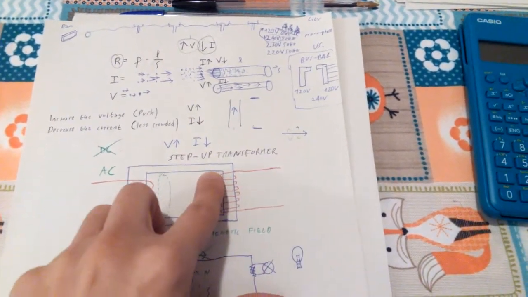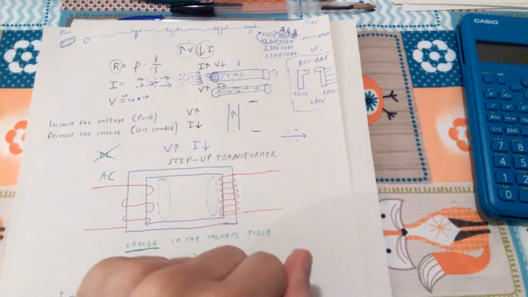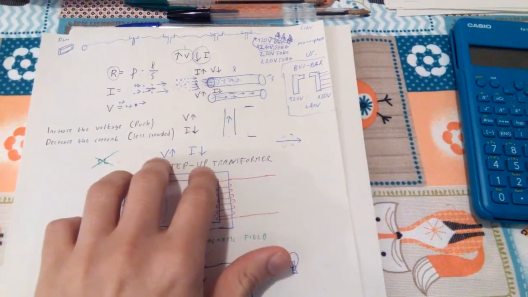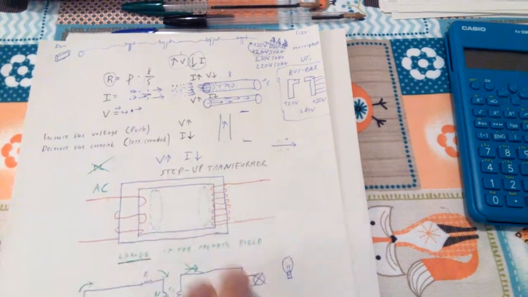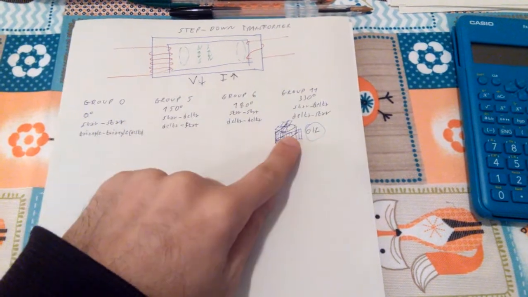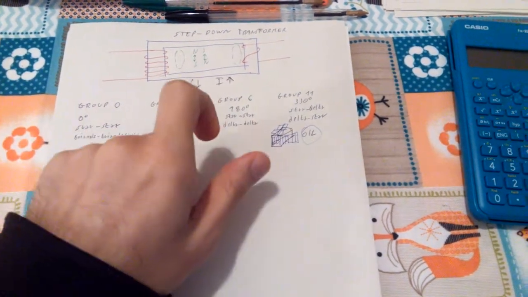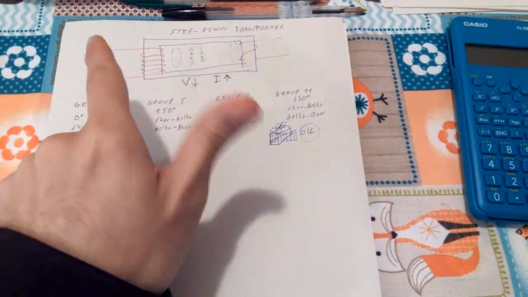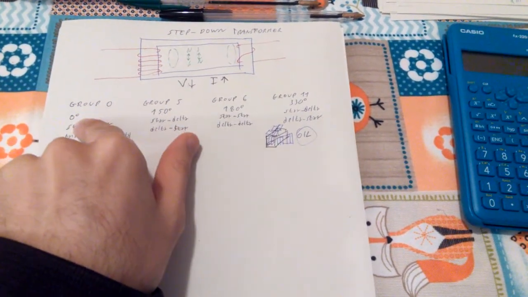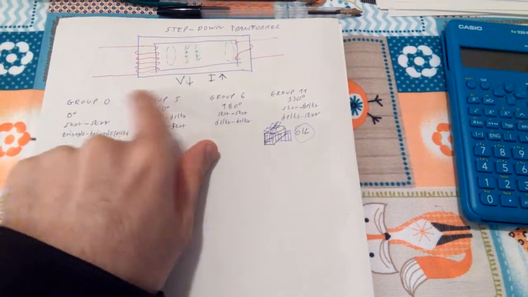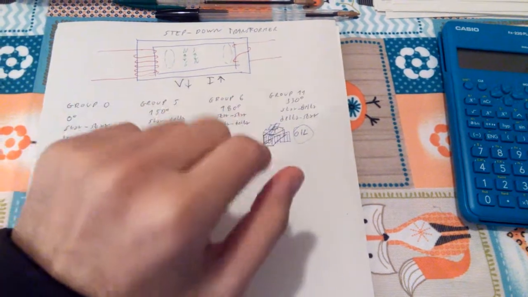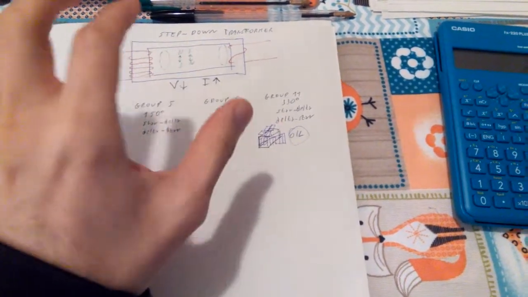But we have three phases, so you can have three of them arranged in different configurations. That's why you have different groups. According to how they are arranged and which configuration they have, the phase angle between the phases gets different, and so on.